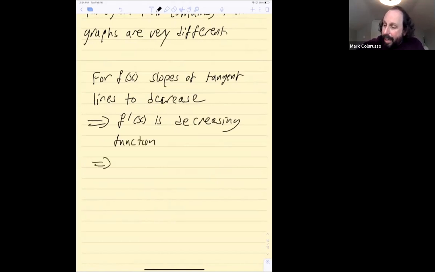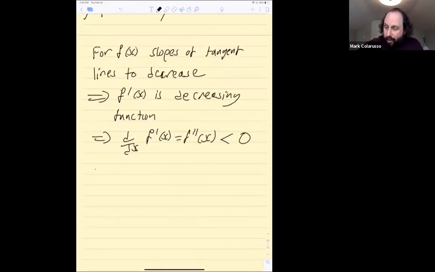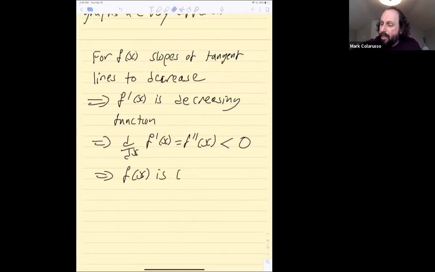And that implies its derivative, which is the second derivative of f, the derivative of the first derivative, is negative. And we say, this is another definition now, this implies f at x is what's called concave down, because it's bending downwards as you move in the positive x direction.